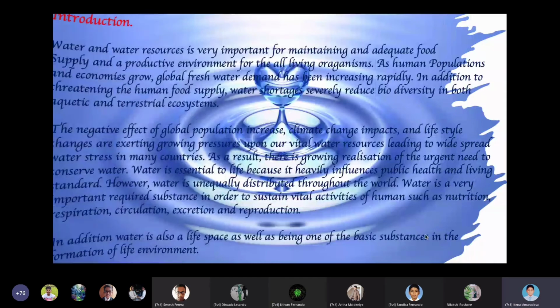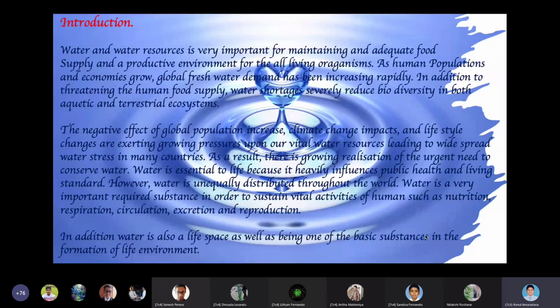Introduction. Water and water resources are very important for maintaining an adequate food supply and a productive environment for all living organisms. As human populations and economies grow, global freshwater demand has been increasing rapidly, in addition to threatening the human food supply.